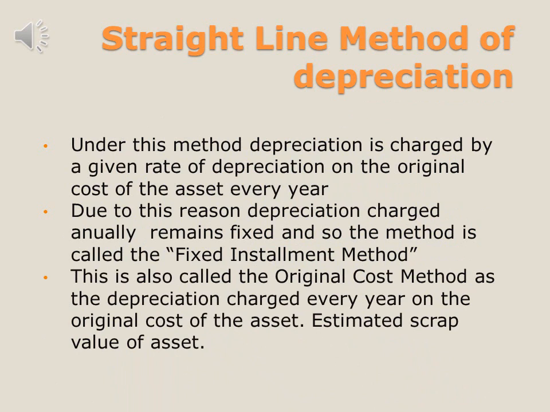Under the straight line method of depreciation, depreciation is calculated per financial year of the organization, and the rate of depreciation is fixed every year. For example, we bought furniture for the office, and we are expecting its life to be used for 10 years.